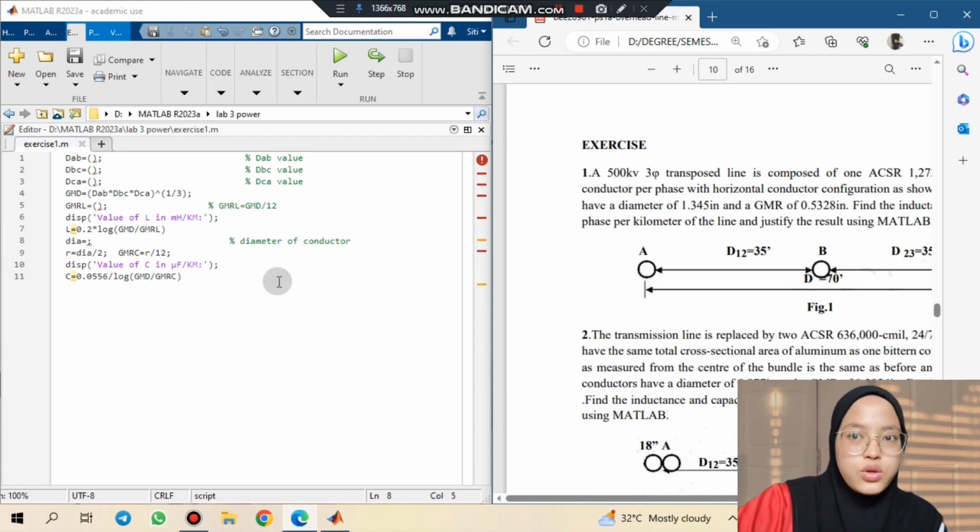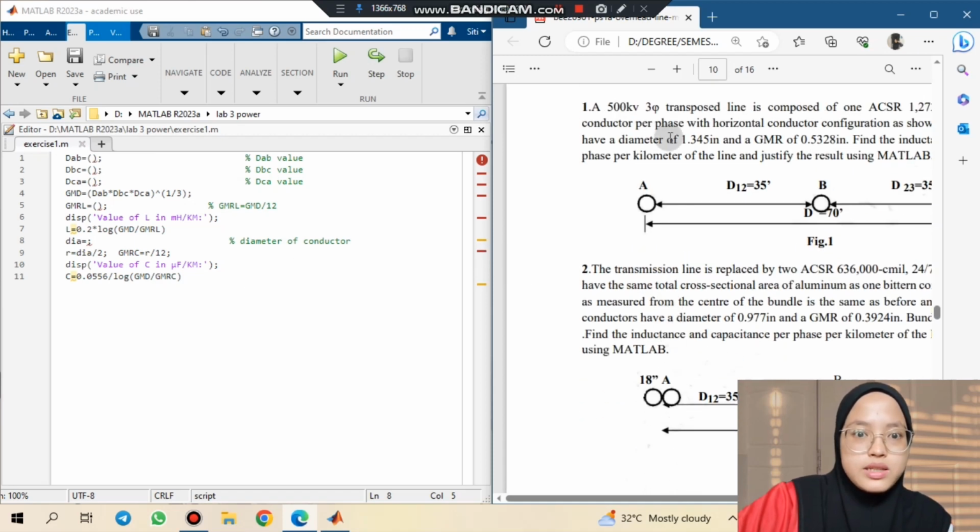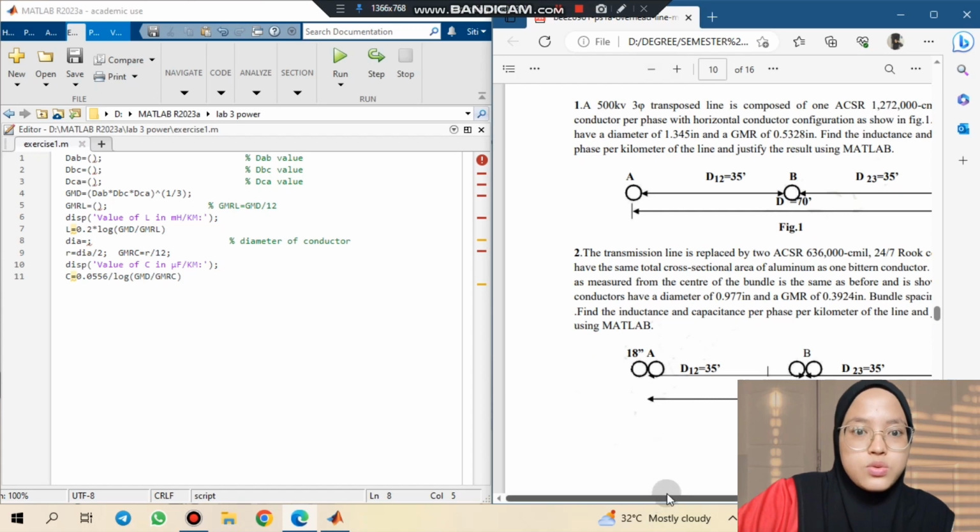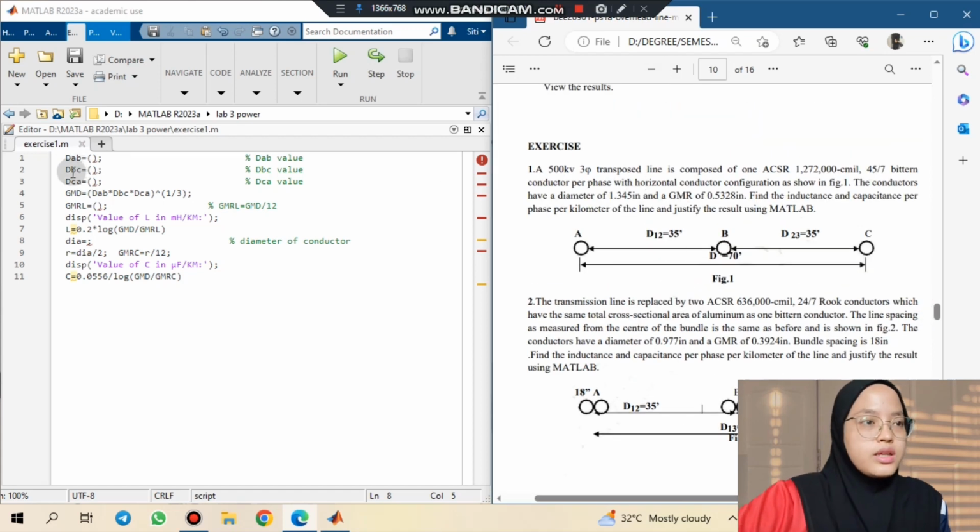So this is the coding that I got from the provided coding in the lab sheet. The first line of the coding asks us to insert the distance value between A to B. From the question we can see the distance value between A to B is 35.